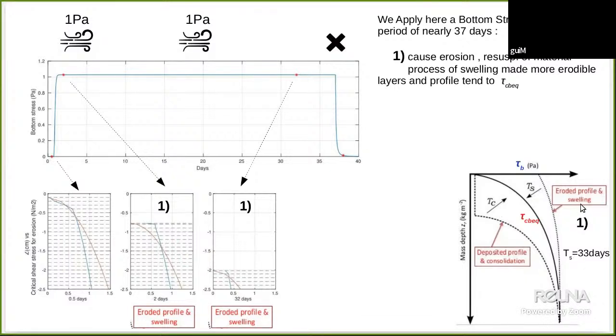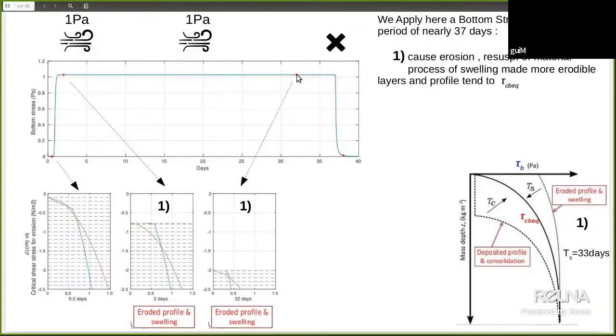Here we are on the right of the equilibrium profile, and that's why I put the eroded profile here. And again, 32 days later, we have the same with a loss of material because we have more erodible layers. Okay, so what happened next? So we are here, 32 days.